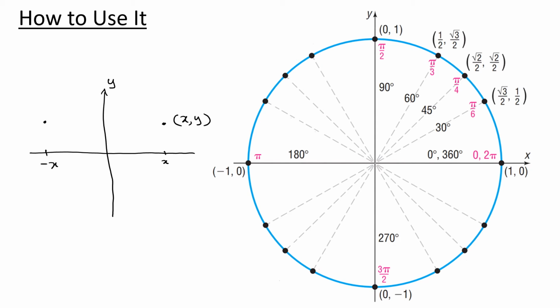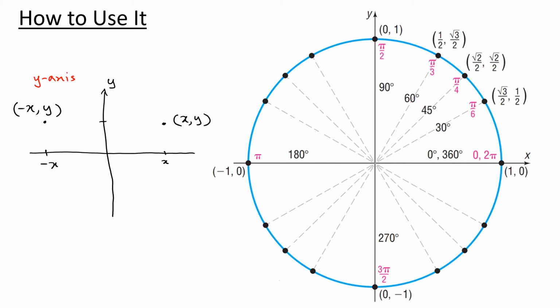The y-coordinate did not change. So this one is simply (-x, y). That means if you know the point (x, y) on the first quadrant, we can find the point on the other side by changing the sign of the x-coordinate, with no change to the y-coordinate. This is the reflection across the y-axis.